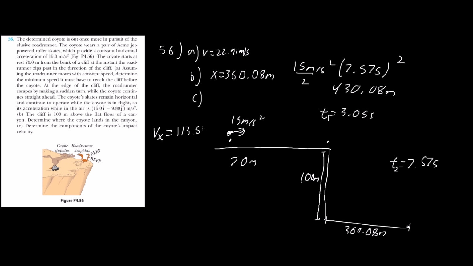113.59 meters per second. And the Vy, which was what was that? That was like 4.52 seconds times 9.8. So Vy here is going to be 44.27 meters per second. So the whole thing is going to be the Pythagorean theorem.